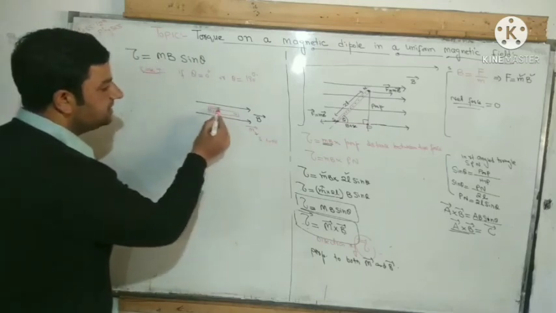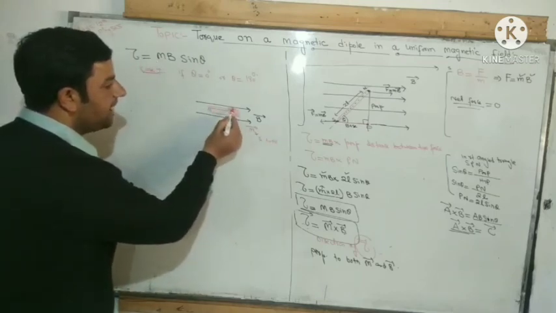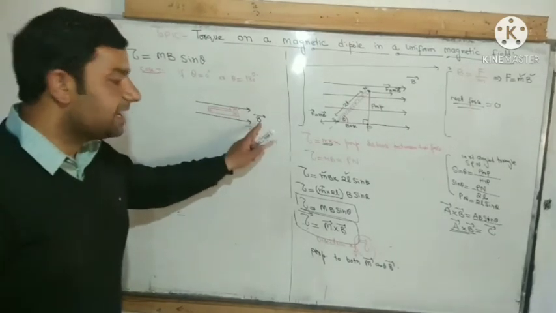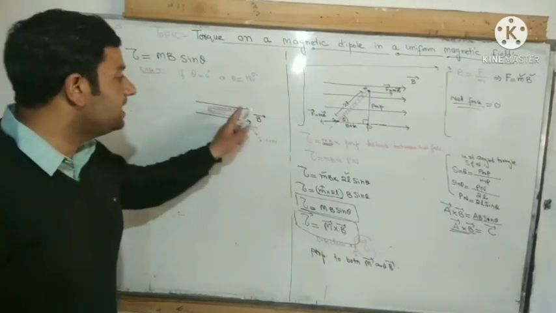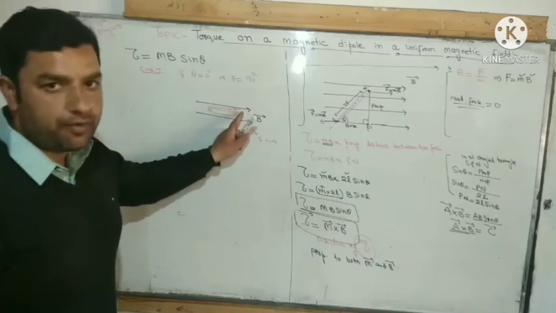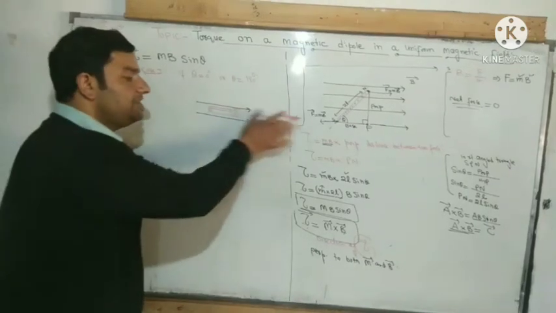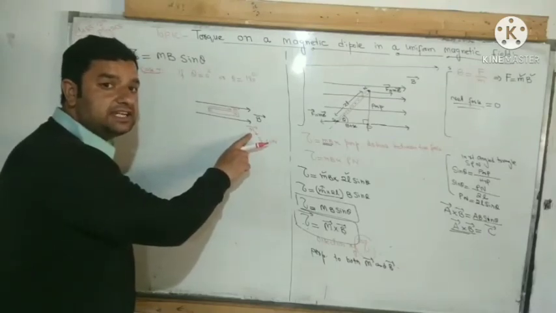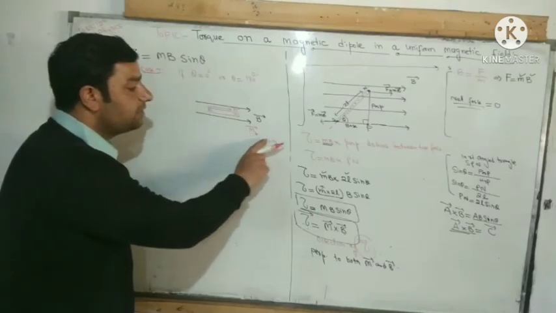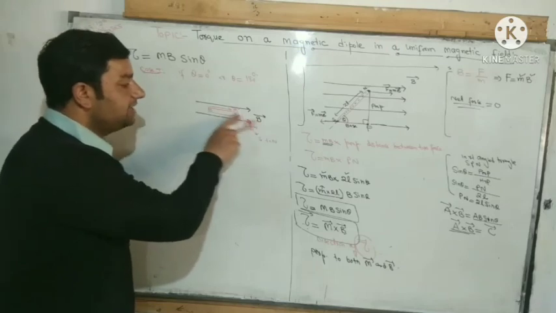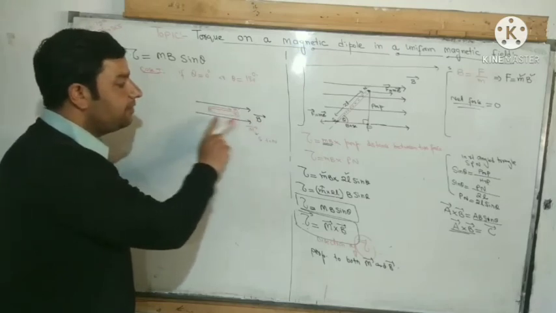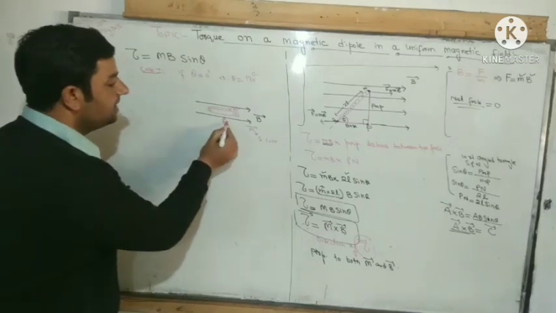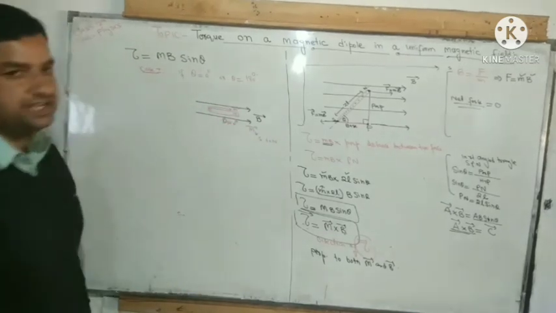So this is the direction of magnetic dipole moment, and it points along the magnetic field. That means both are pointing in the same direction, because the direction of magnetic dipole moment is from south to north. That means theta is equal to 0 degree.